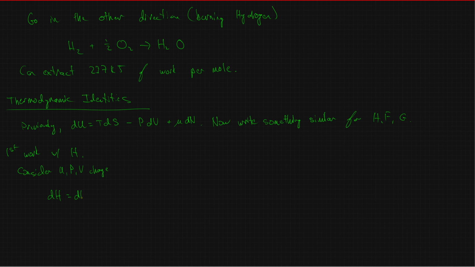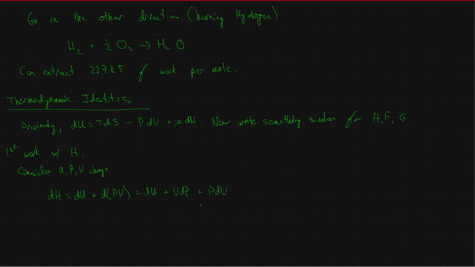So dH would be dU plus d of pV. Here, I'll write this out explicitly: dU plus p dV plus V dp.